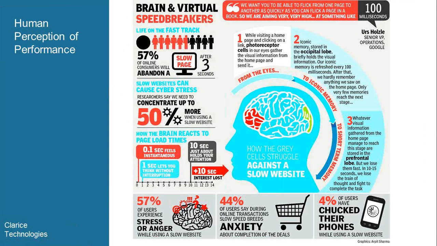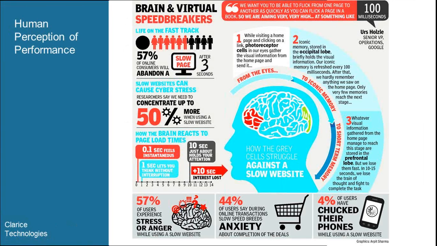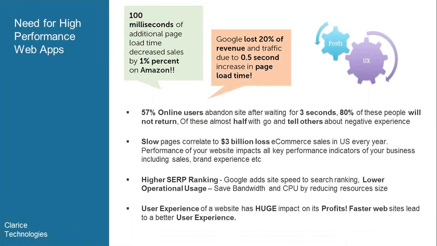That's why there is a need for high-performance web applications to provide a good user experience, and a good user experience is directly related to the profit generated from that website. So faster webs mean better user experience, and that leads to a huge profit.